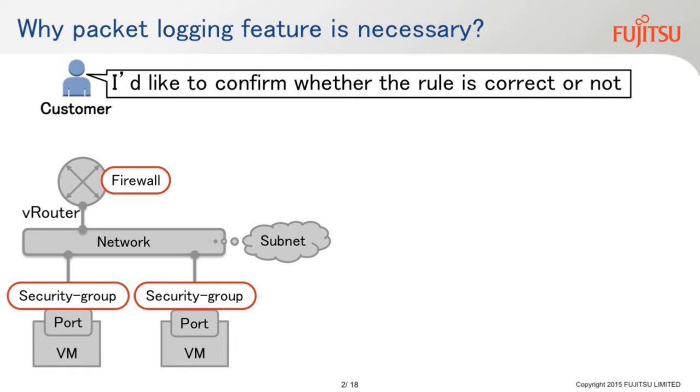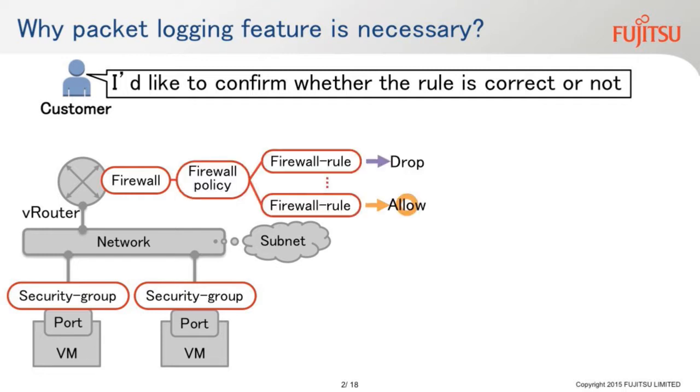So, why is the packet logging feature necessary? In the case of the tenant user, I mean the customer perspective, they would like to confirm whether the rule is correct or not. As you can see on the screen, it's an example of a logical topology in which the firewall and security group are configured. In the firewall, we want to set up a firewall policy with so many firewall rules, for example, drop or allow.